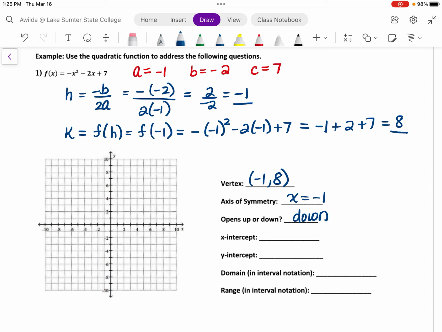Let's solve for the x-intercepts algebraically. So if we set y equal to 0, we get, in the original equation, 0 equals -x squared minus 2x plus 7. Now this is prime, not factorable, so I think the only way to solve for x would be to use the quadratic formula.